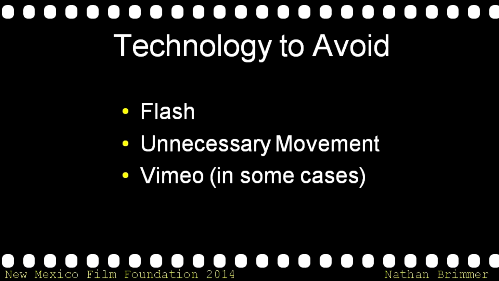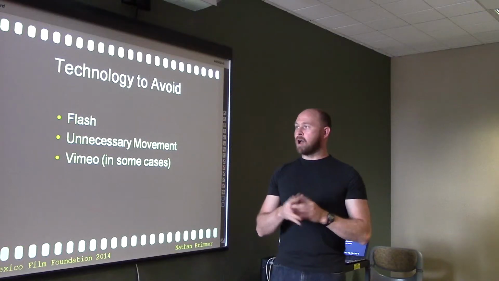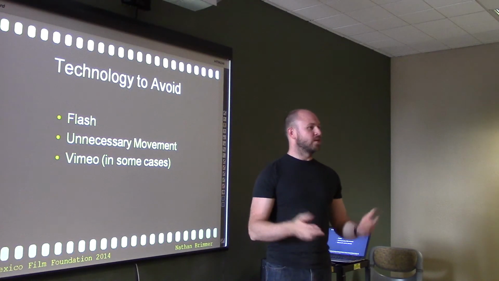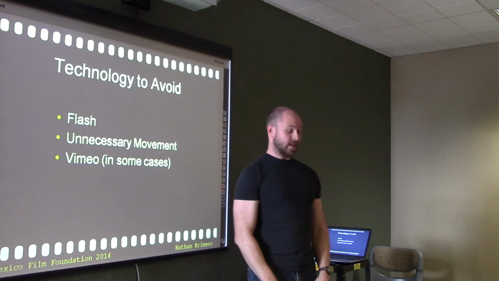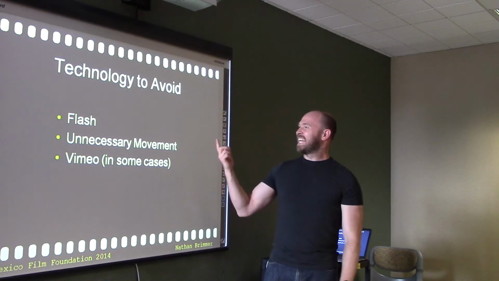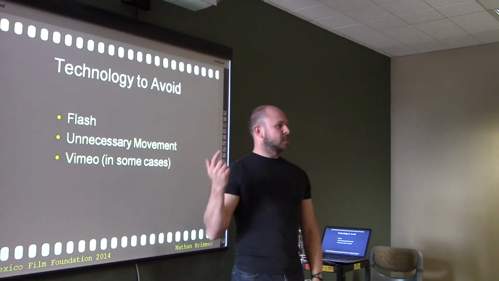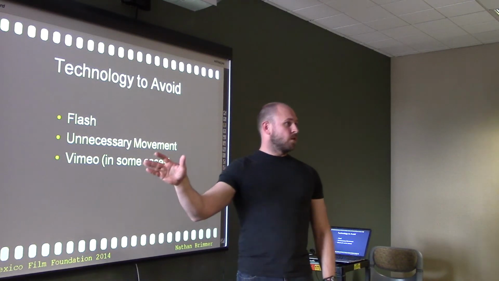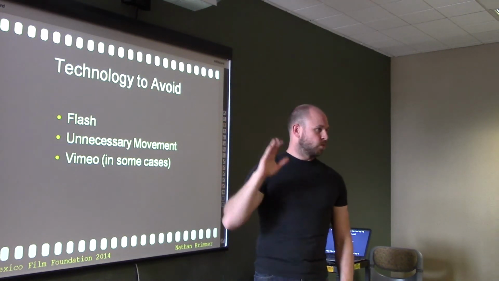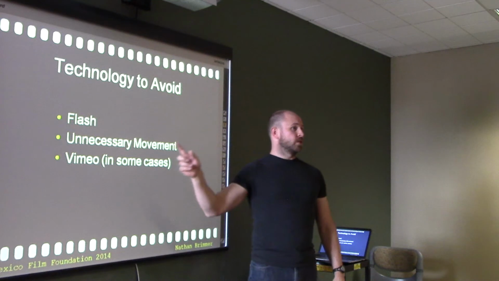Technology to avoid: Flash. Some of the example sites that I had, as I went through them, I didn't see any Flash, so good. I might be wrong, but some of them I may also have hit my point of marginal utility. I'm just like, I can't look at the site anymore. Stay away from Flash if possible, because no one's using it anymore. They're really trying to play catch up, and they're not going to.